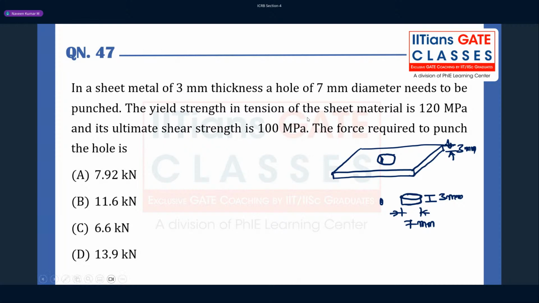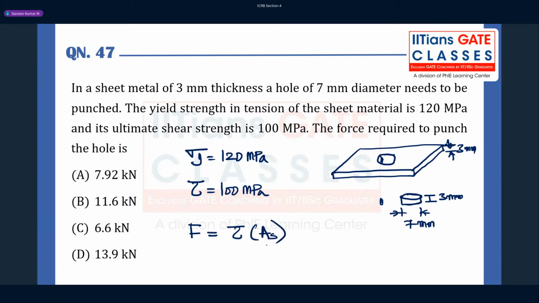The yield strength in tension of the sheet metal is 120 kilopascal, so yield sigma y is 120 kilopascal. Ultimate shear strength tau is 100 megapascal. Find the force required to punch the hole. What is force? Force is nothing but shear strength into area of shear, AS.